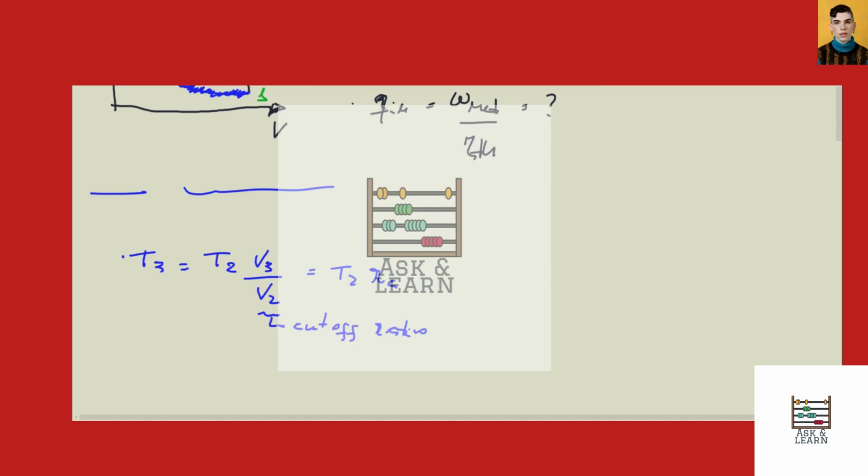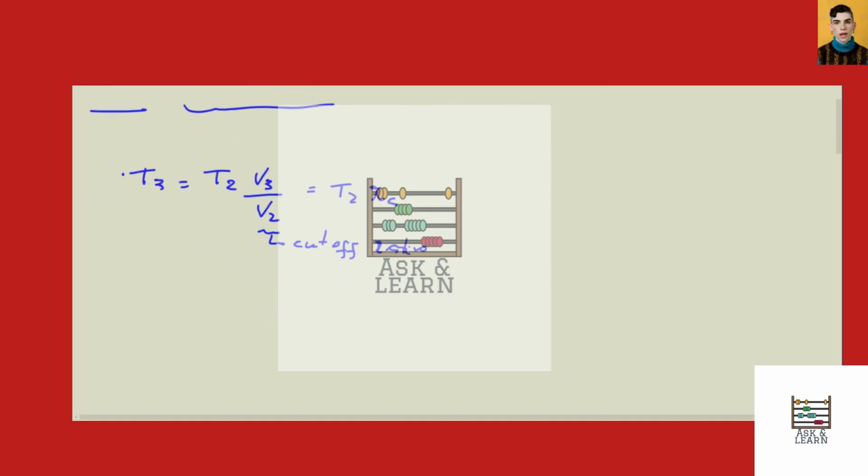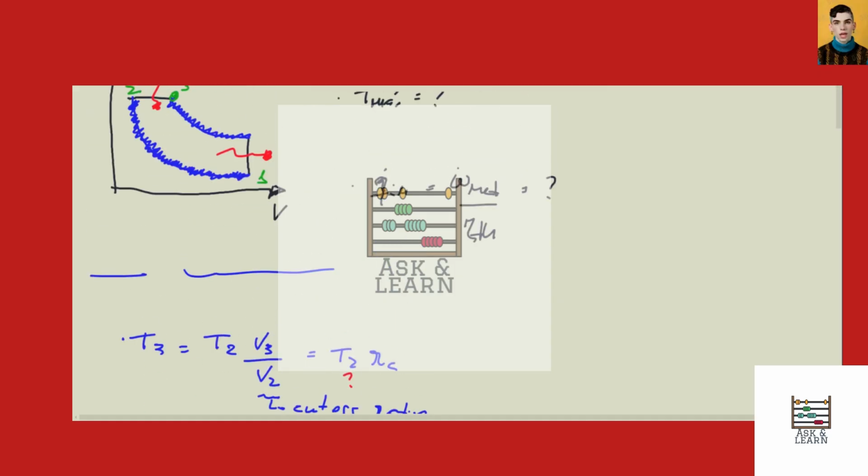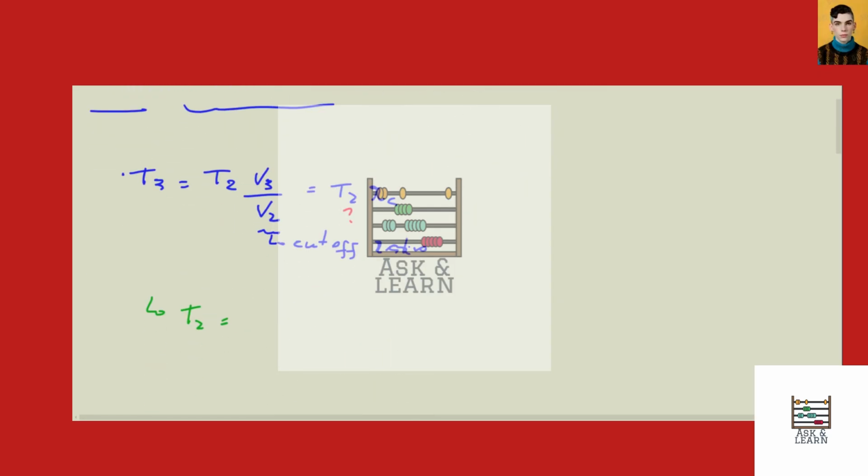Well, from here we have a problem because we do not know the temperature T2. Therefore, let's first calculate T2, which is related, as we can see in the graph, by an isentropic transformation. Therefore, this is T1 times V1 over V2 to the power of k minus 1.